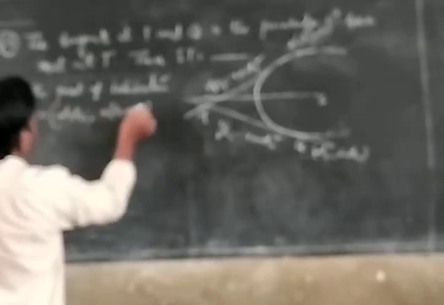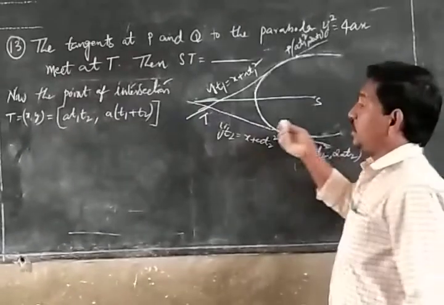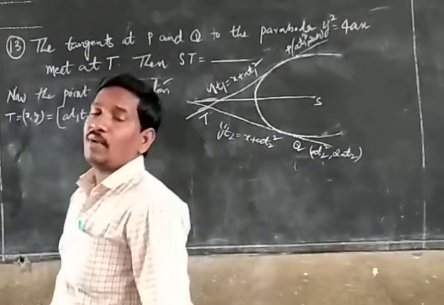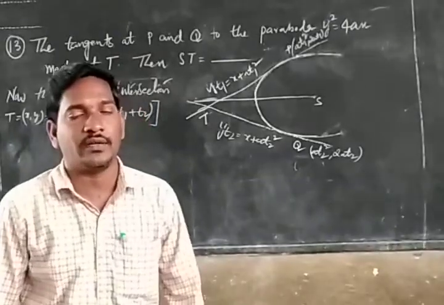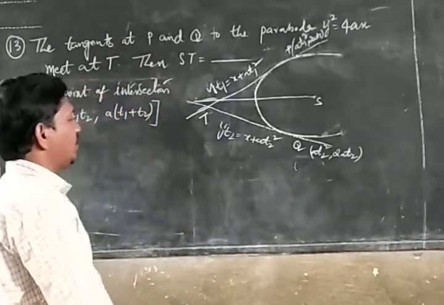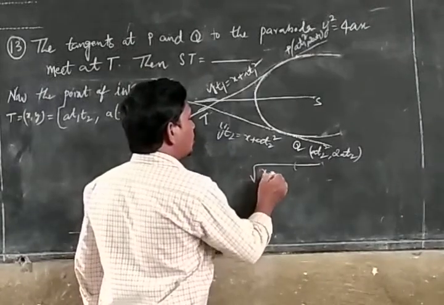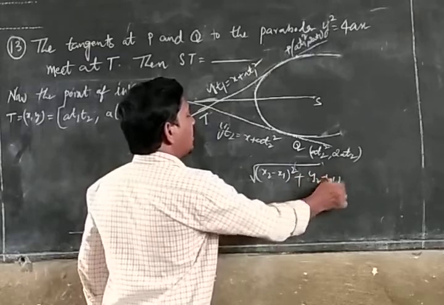So this is the point of intersection. Now we have to calculate the ST value, the distance of ST. So the distance formula is root of x2 minus x1 whole square plus y2 minus y1 whole square.